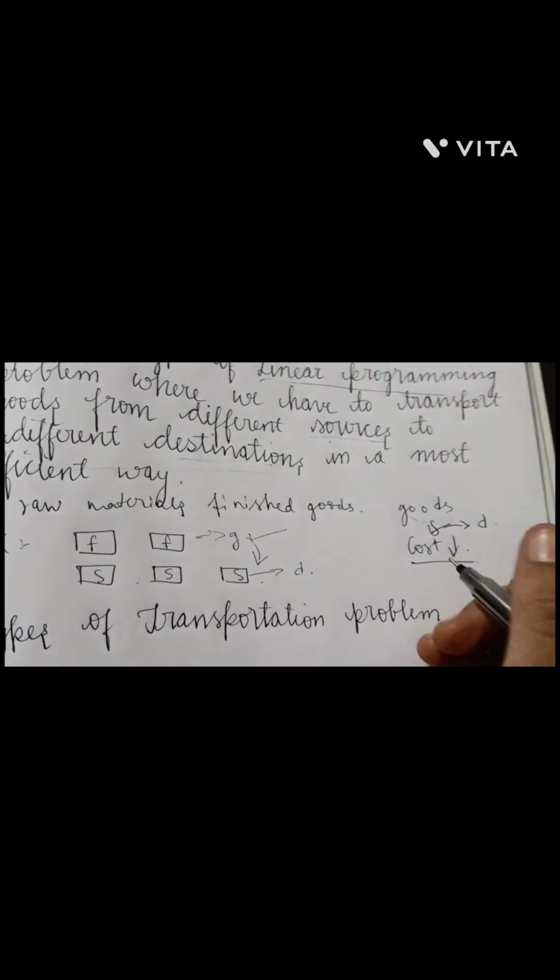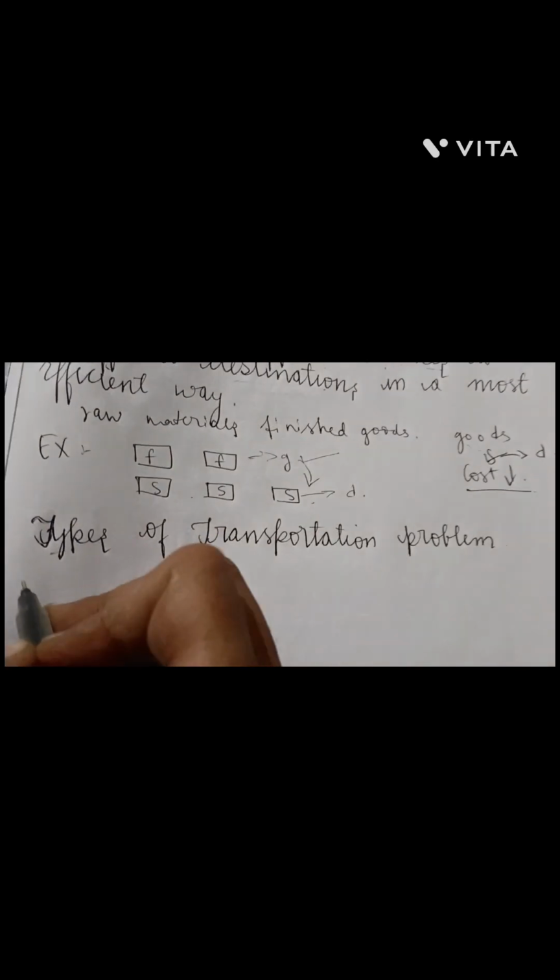So, now that we have understood what a transportation problem is, let's move one step ahead and see its types and how we actually solve it. First, transportation problems are mainly of two types. They are balanced and unbalanced.